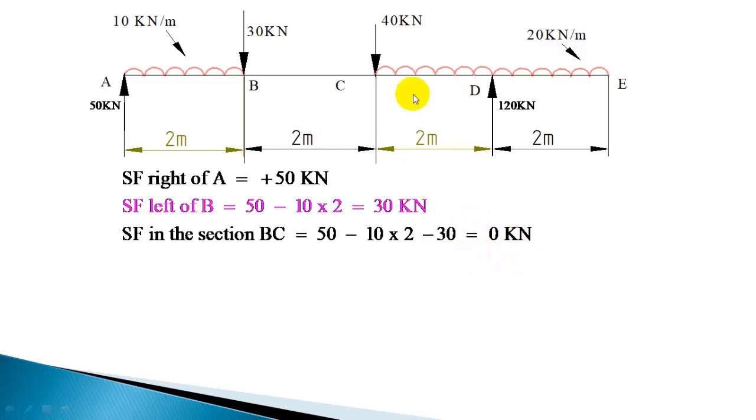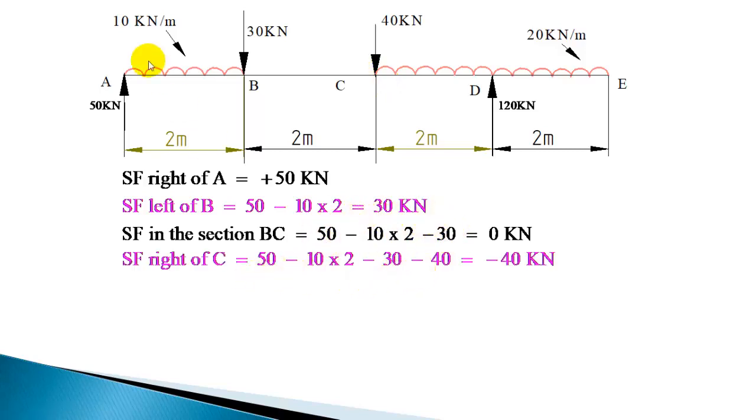So 0 minus 40, you get shear force as minus 40 immediately right of C. So this part, 50 minus 20 minus 30, and when you are in here, another minus 40. So that will give minus 40 as the shear force. Now immediately left of D.